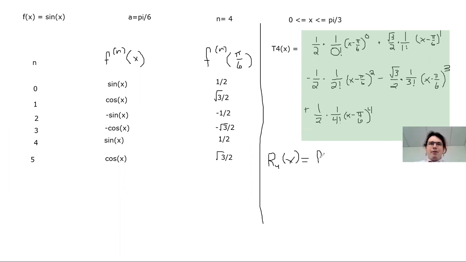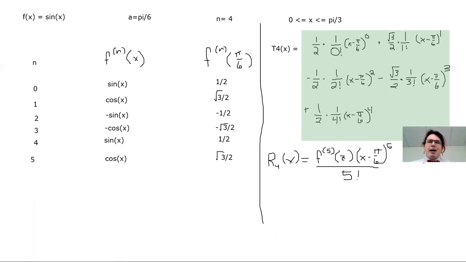But remember that everything in the remainder formula is going to have its number n increased by 1 from where we saw it in the regular Taylor series. So I actually need the 5th derivative of my function, which I thought ahead and I already calculated out what the 5th derivative is going to be.